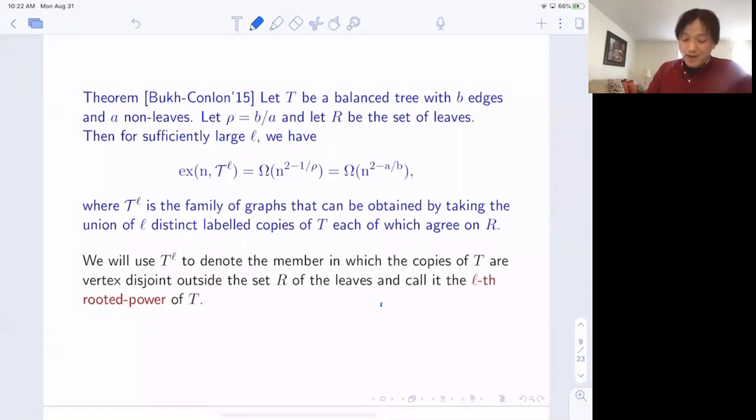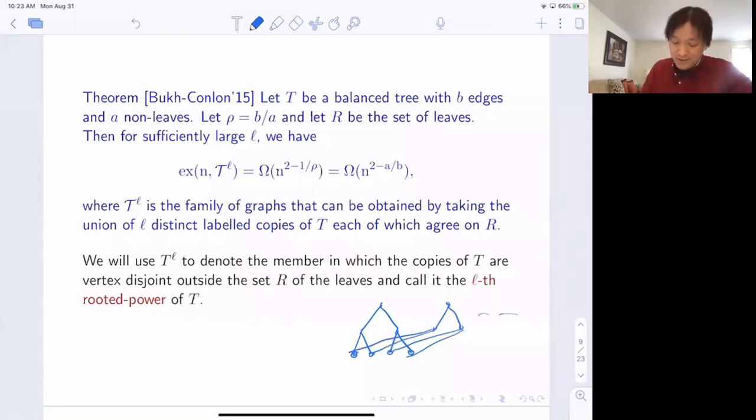So I already touched upon that earlier. Let's say here is my T, it's balanced. So I look at the leaves. And now I'm going to just take L copies of this T, but make sure that each copy agrees on the leaves. Here I only drew 2 copies, but you can do as many copies as you want.